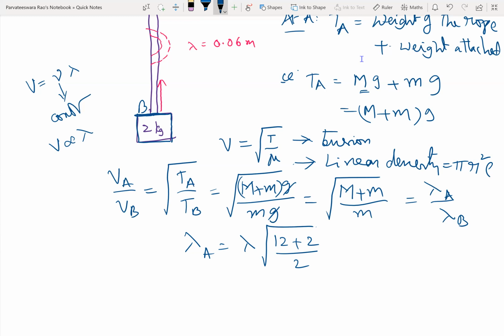So it is root of 6 plus 2 by 2, equal to lambda A by lambda. 6 plus 2 is 8, 8 by 2 is 4, root 4 is 2, so lambda A is 2 lambda. Lambda is given as 0.06. So the wavelength when the pulse reaches the point A is 2 into 0.06, that is 0.12 meters.